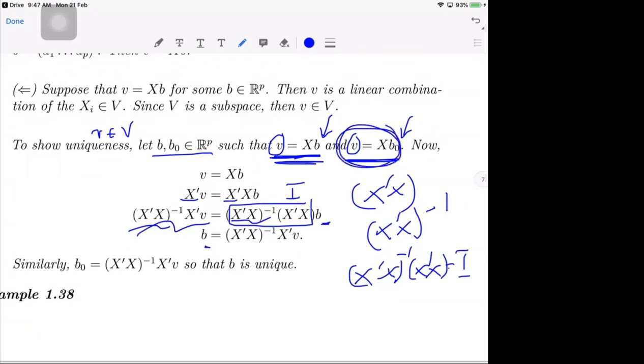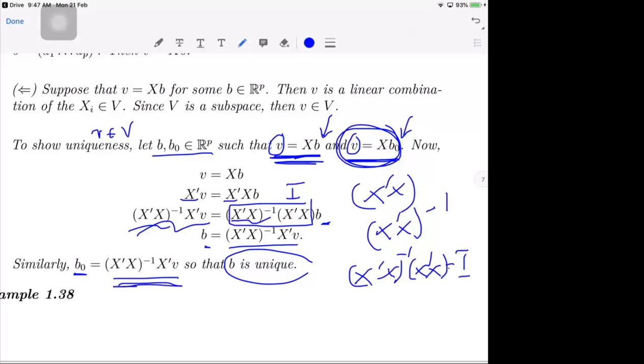Similarly, if you start with this, you also get a B null which is equal to this. And since they are the same, then your B must be unique. And it is always equal to X prime X inverse X prime Y.